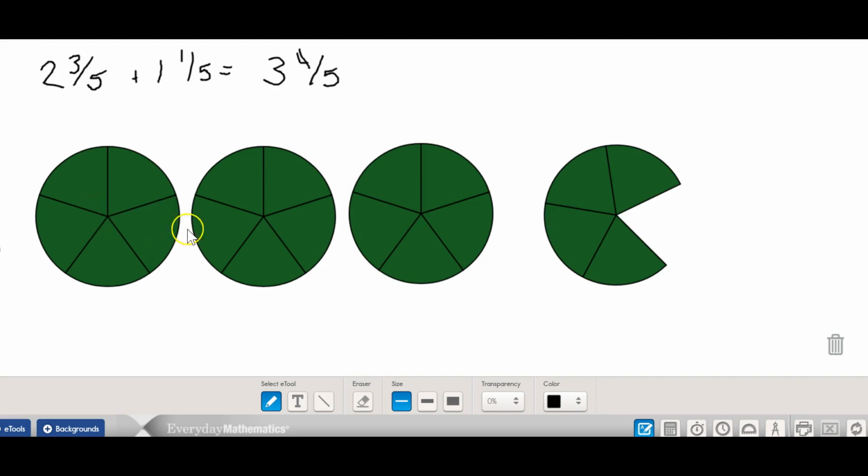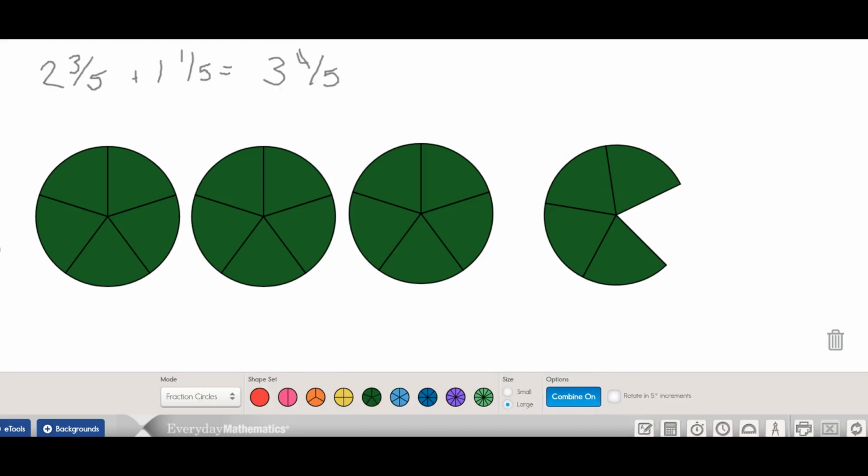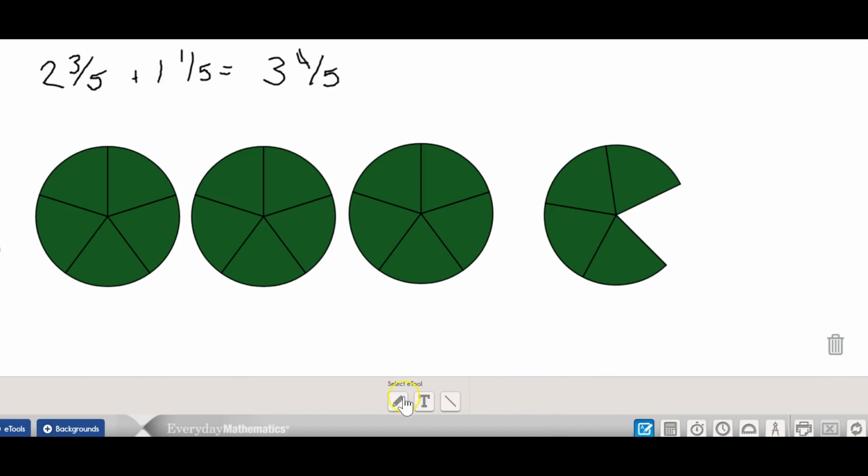This is 5/5, 10/5 altogether, 15/5, 16, 17, 18, 19/5. 19/5 is equivalent to 3 4/5. 19/5 is a fraction greater than 1.